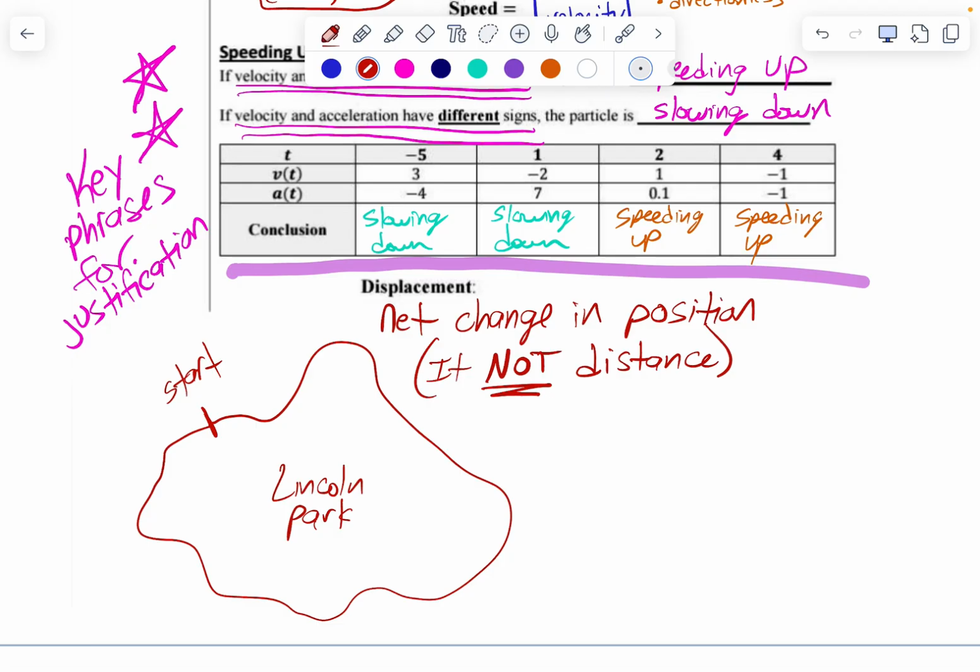What's the displacement? 0. Even if you run 30 miles and end up back where you started, your displacement is 0. Because we're not talking distance, we're talking about how far from the start you are.